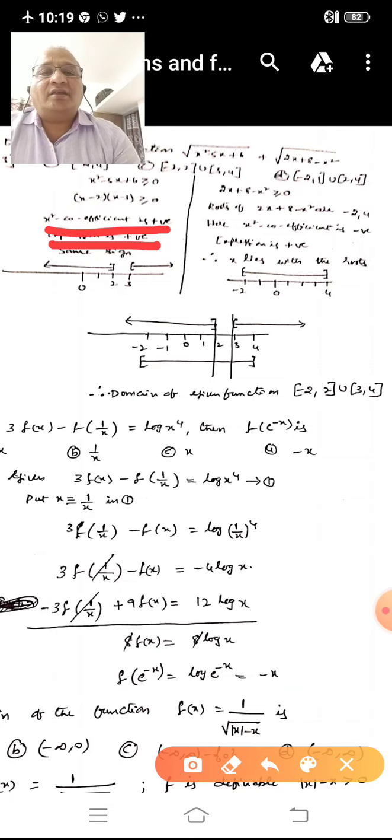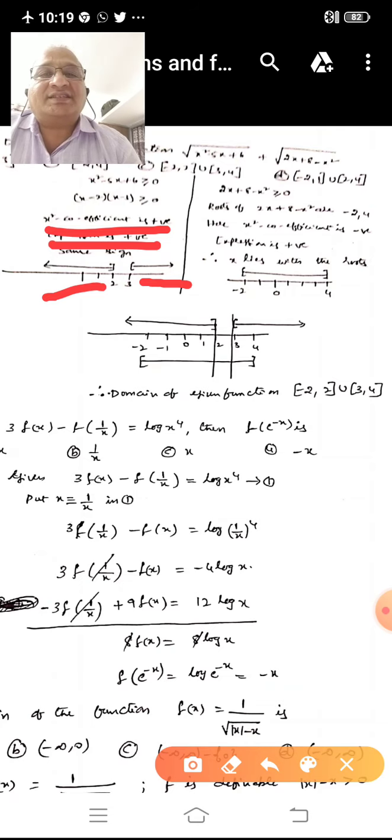So the values of x are less than 2 and greater than 3. Therefore, root of x square minus 5x plus 6 is defined for minus infinity to 2, and 3 to infinity. Observe here, 2 has a closed bracket, and 3 is also a closed bracket because of the greater than or equal to 0 condition.